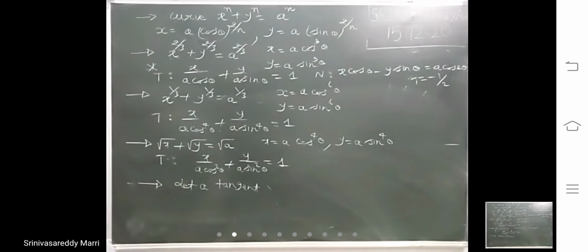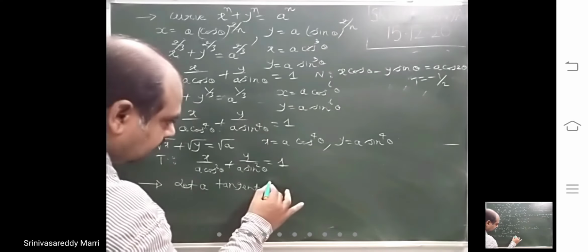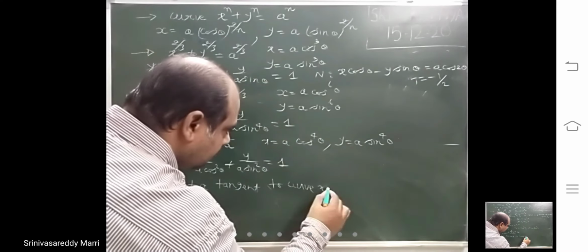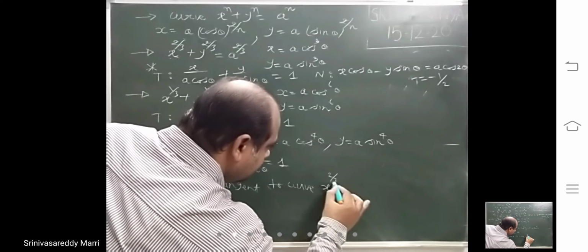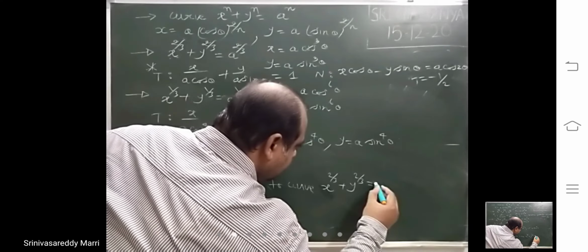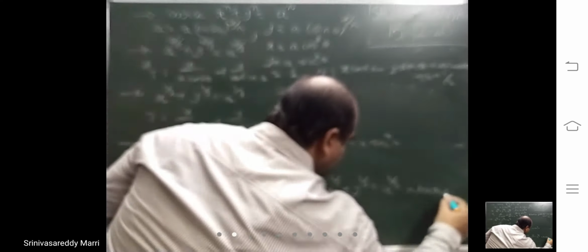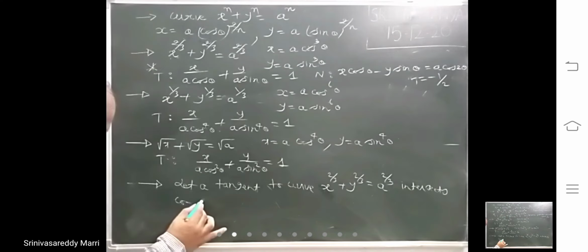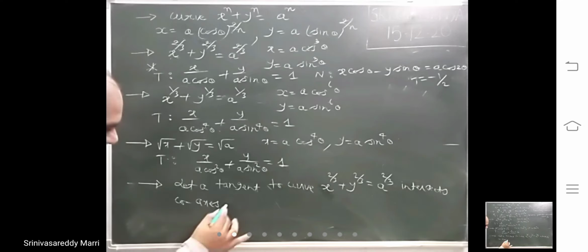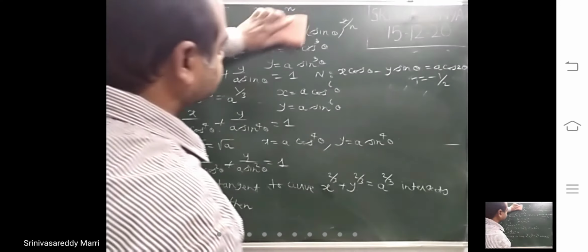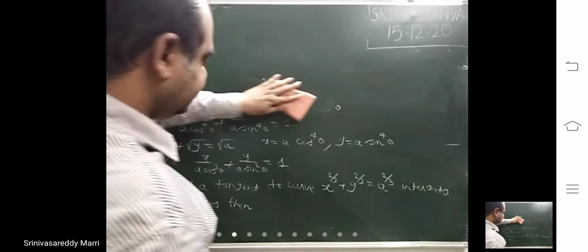Let a tangent to curve intersects coordinate axis, then he will give like this, right?